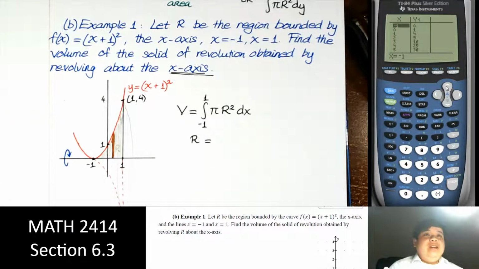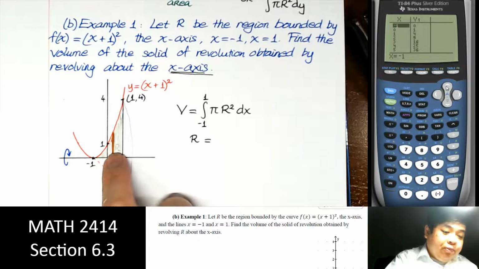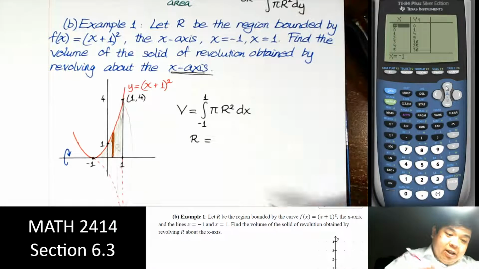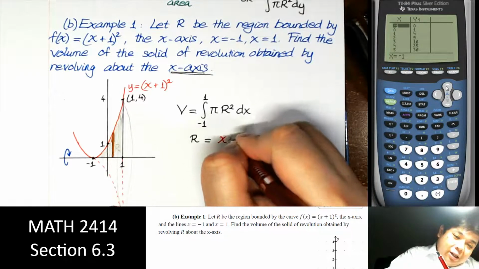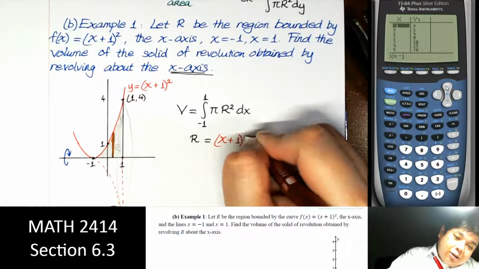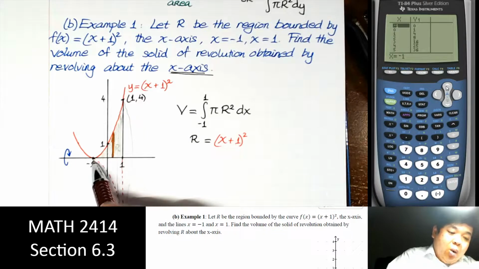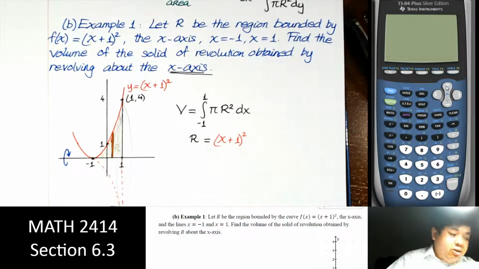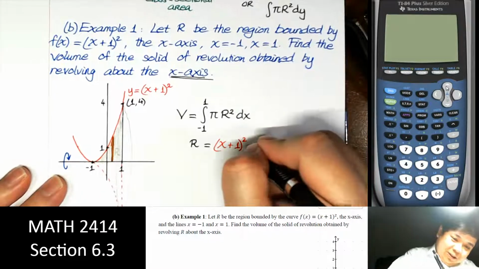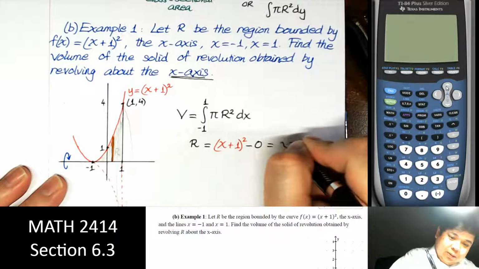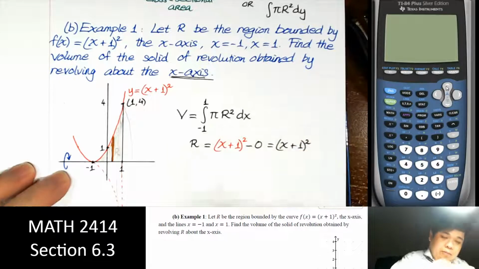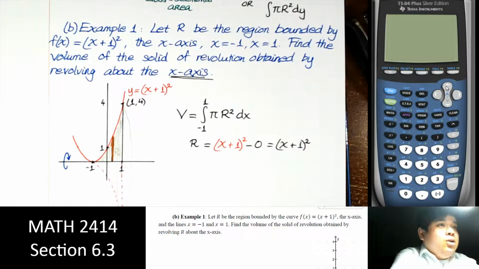Now to set up the radius, it's just like what we did earlier: the function above minus the function below. On this one, above is x plus 1 squared. Below, it's just going to be 0. So that is the radius.